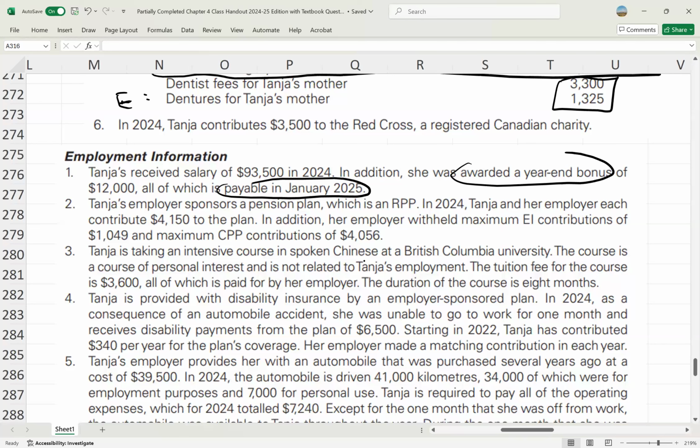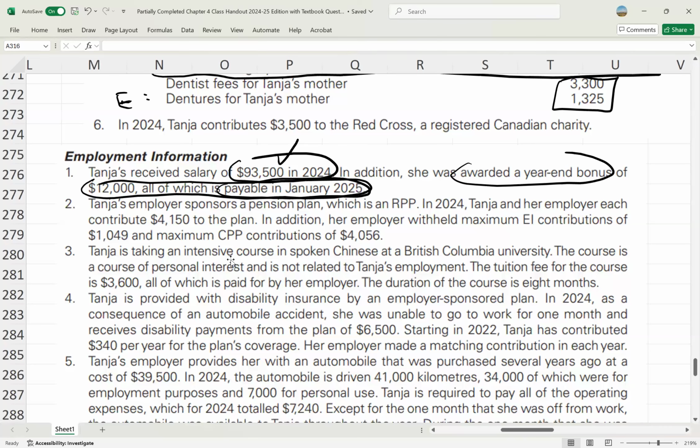Remember, we looked at those 4 sort of executives, that one example. So in this example, she has to include the 93,500, but the $12,000 for the bonus, because it's not payable until next month, January, that's within 179 days of the company's year end, that will not have to be included in Tanya's employment income until 2025.